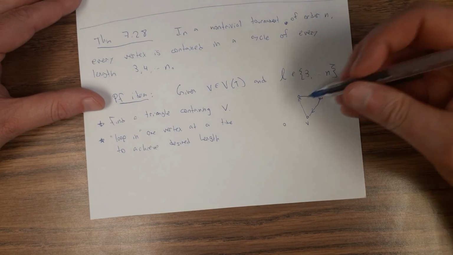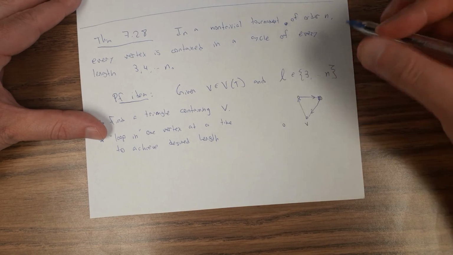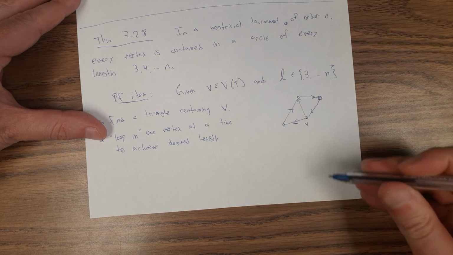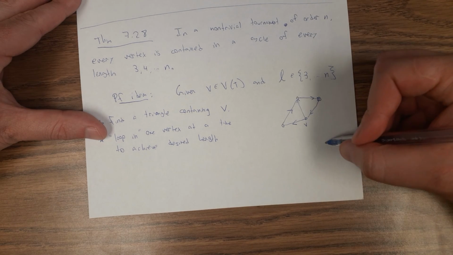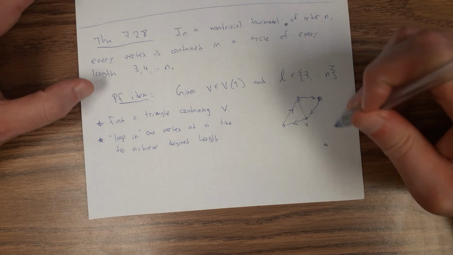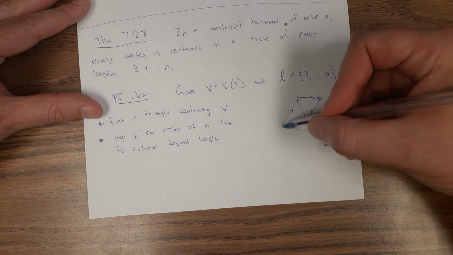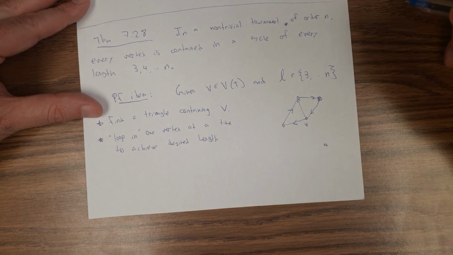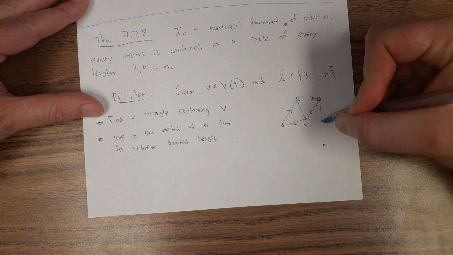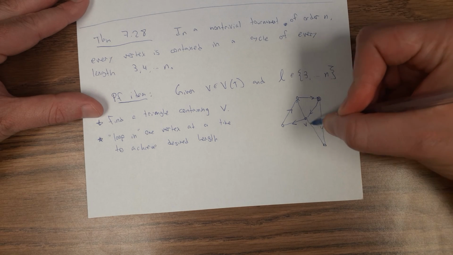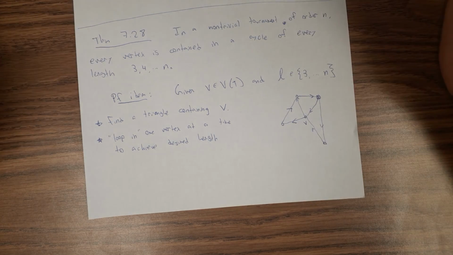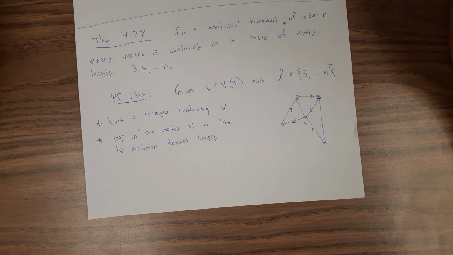So I'm going to find another vertex such that I can go like this, and then, if L was 4, then I'm done, but if I need to make it longer, then I can do it by looping in another vertex. So here's my cycle of length 4, and then I'm going to make a cycle of length 5 by finding 2 consecutive vertices, maybe this one and this one, so that I can go from here to here, and then here to here. And then my 5 cycle is going around like this. And I basically keep doing that until I achieve the desired length.